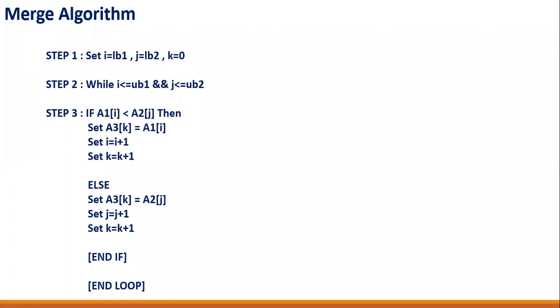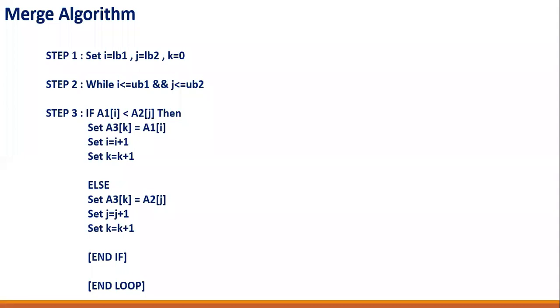So we know, students, we have to go from the lower bound of the first array till the upper bound of the first array to cover all the elements, and J is representing the lower bound of the second array. So we also have to go from the lower bound of the second array till the upper bound of the second array. That's why the loop is while I is less than equals to upper bound 1 and J is less than equals to upper bound 2.